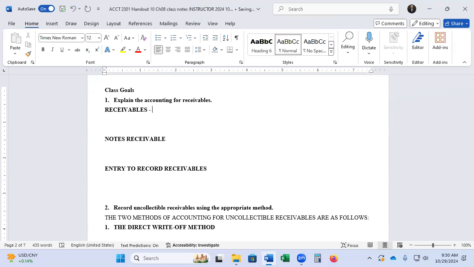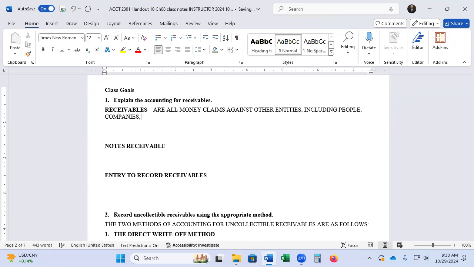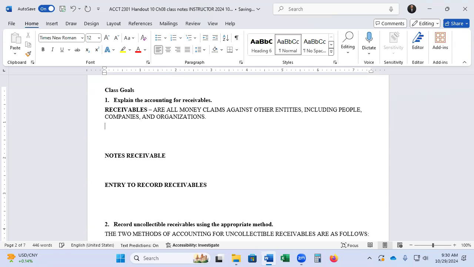In general, receivables are all money claims against other entities, including people, companies, and organizations. Accounts or trade receivables result from sales on account.